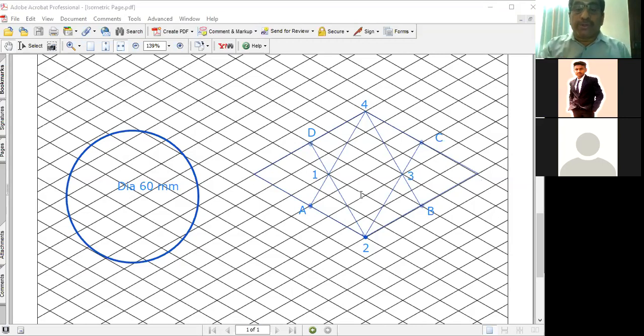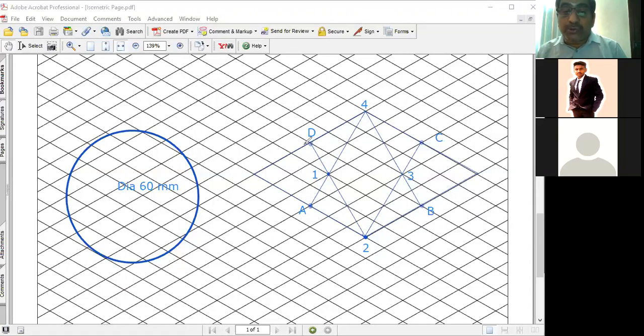Okay, now you take center 1 as the center point, and 1 to A as the radius, and draw an arc up to D. Okay, this is what you need to do.